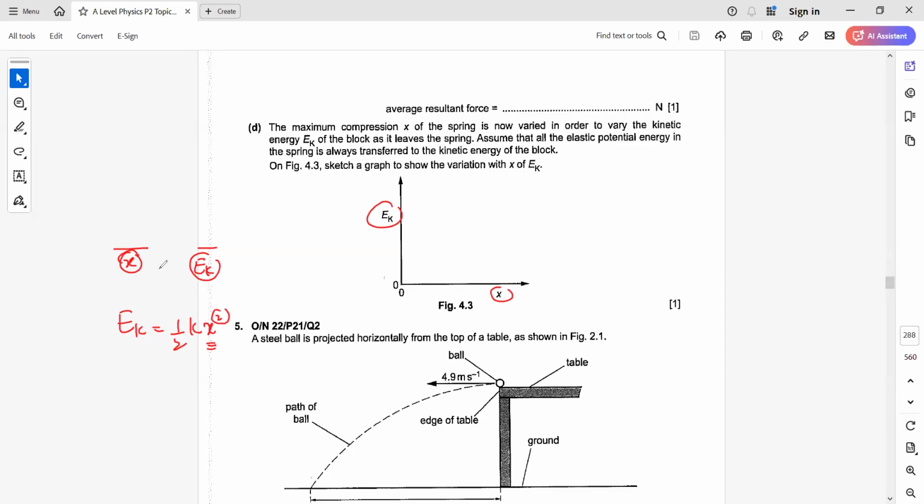So that's not a linear relationship, but a squared relationship. So what we expect is a curve, and as X increases, kinetic energy should increase because that is representing the elastic potential energy. So it has to be a curve and it has to increase because the quantities are increasing each other. So it has to be something like this, right?